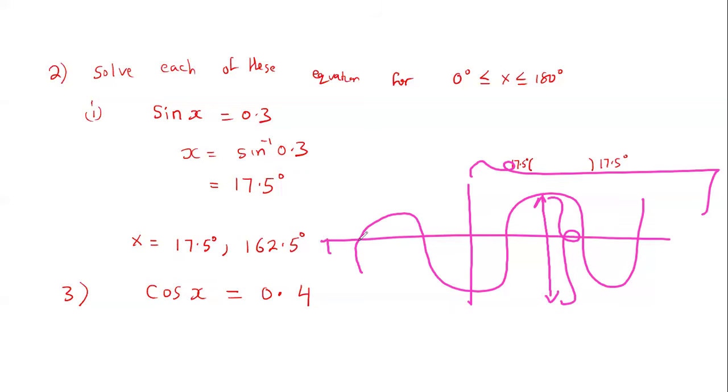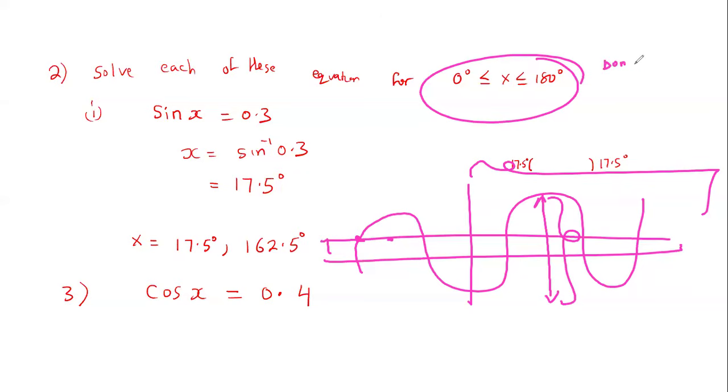So what has been given, this is what we call the domain. Take an example: in case I'm looking for the range for the sine, that is between -1 and 1. But the domain can be -360 to 360 degrees, depending on the question.